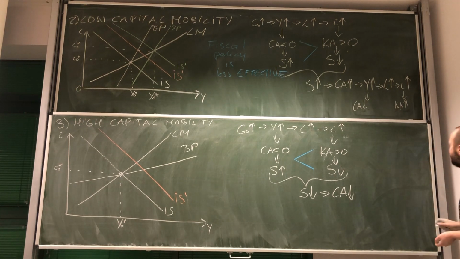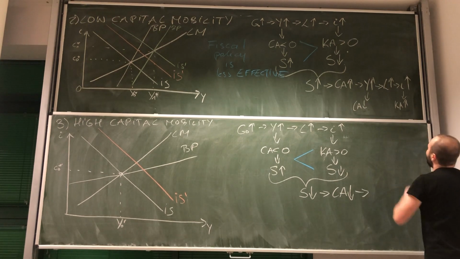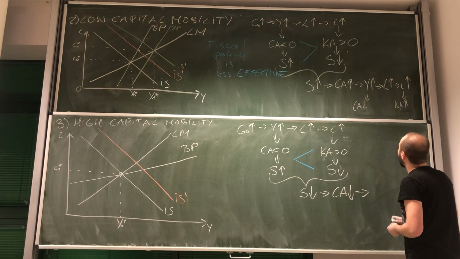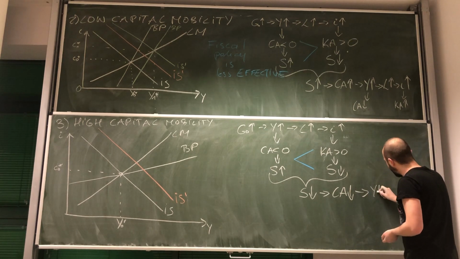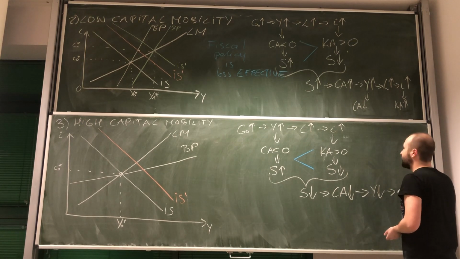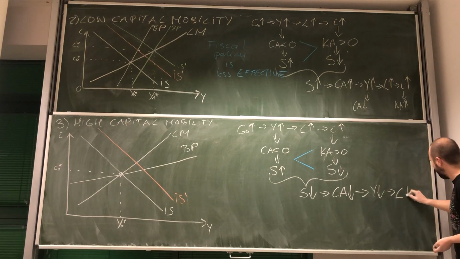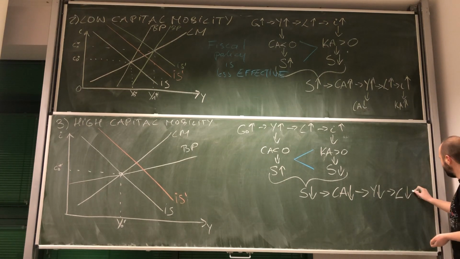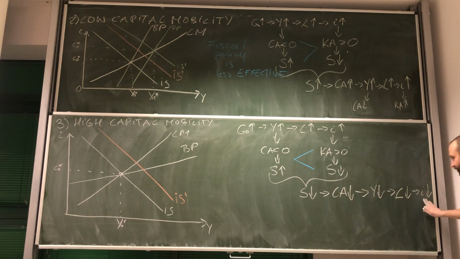Even further, we have a drop in GDP associated with that drop in money demand and interest rate.